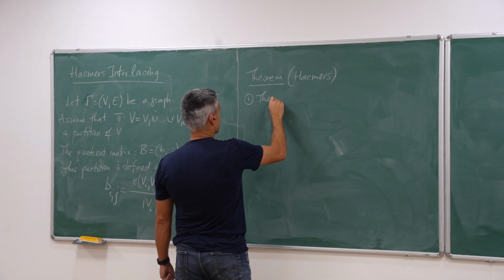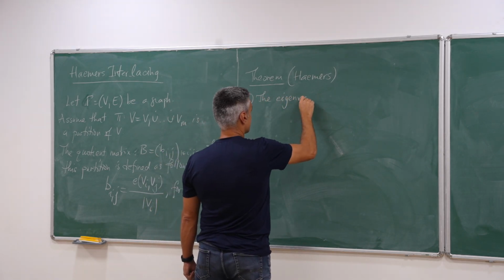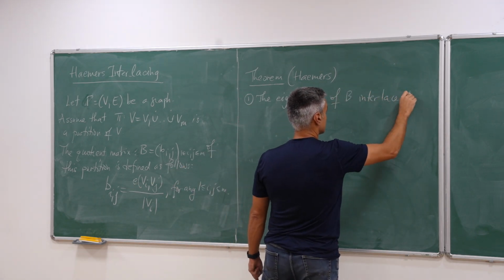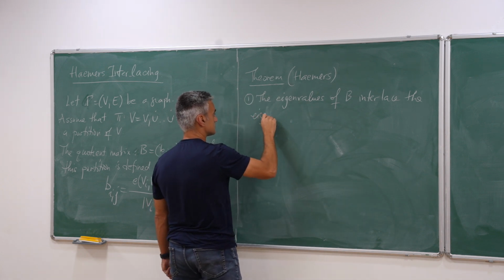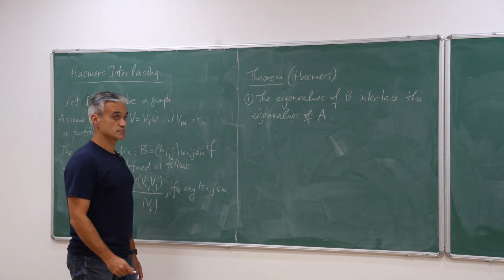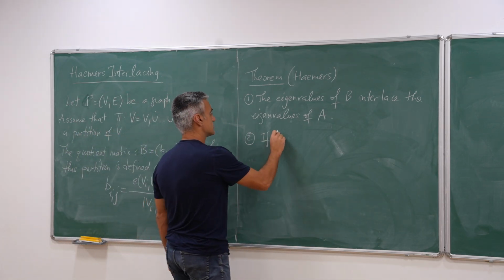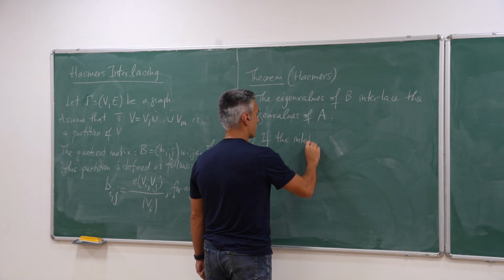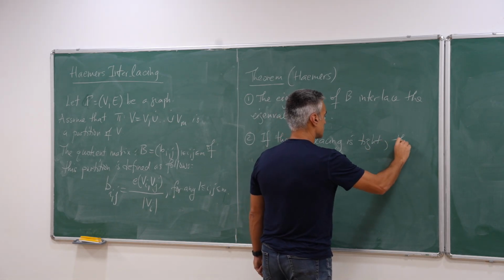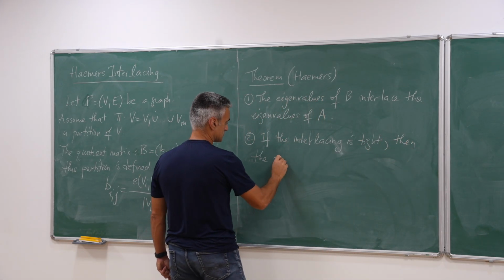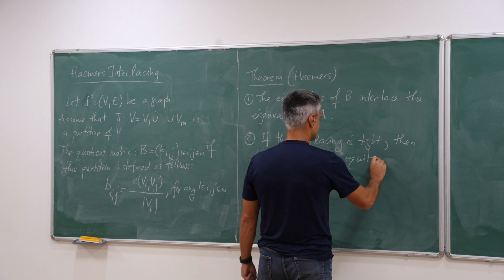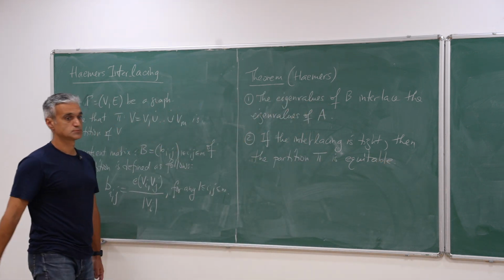One, the eigenvalues of this quotient matrix B interlace the eigenvalues of A. And two, if the interlacing is tight, which is what we defined this morning, then the partition pi is equitable.